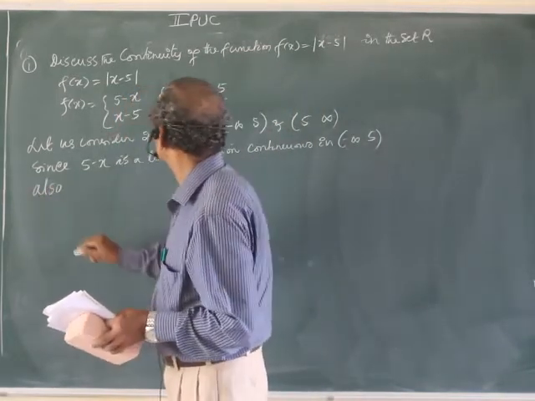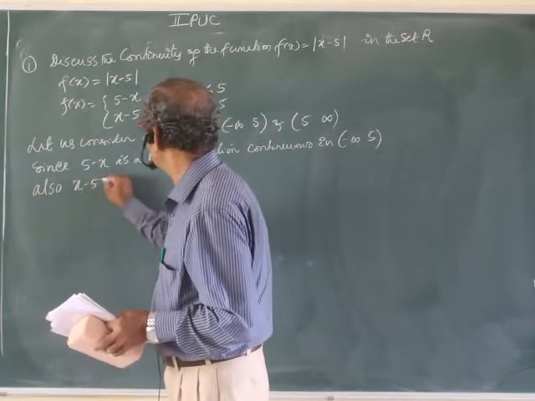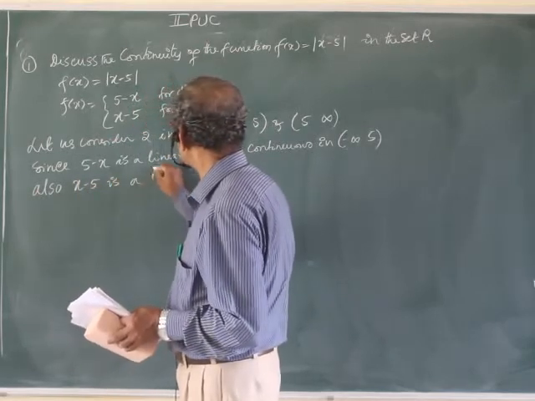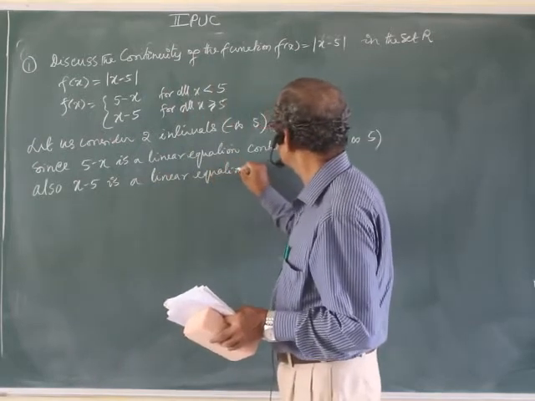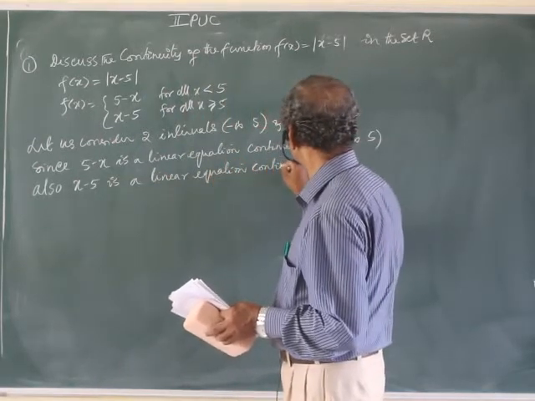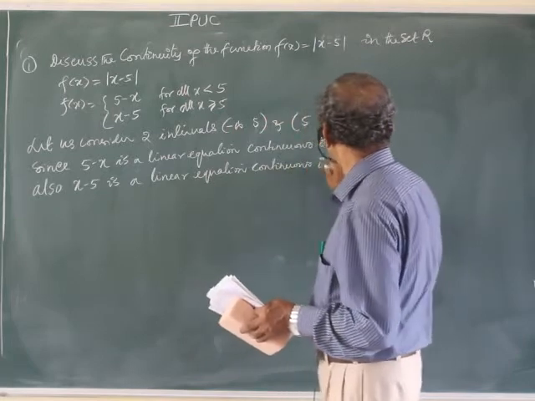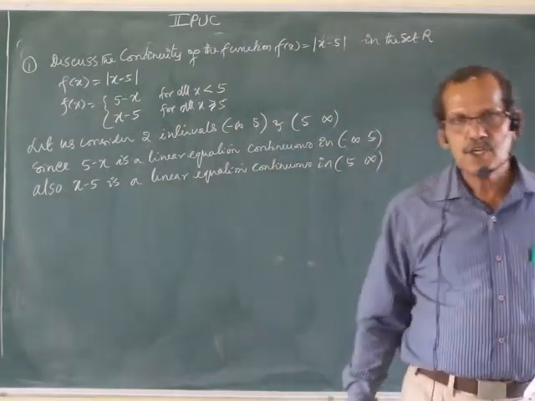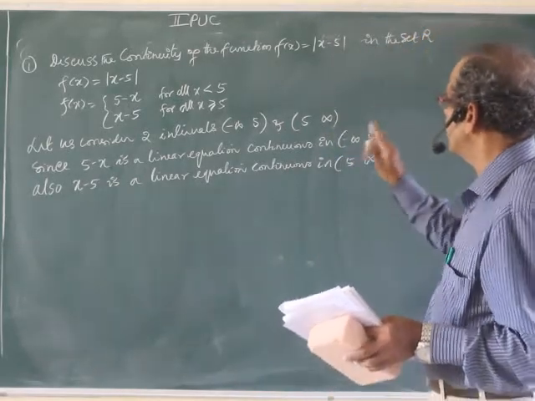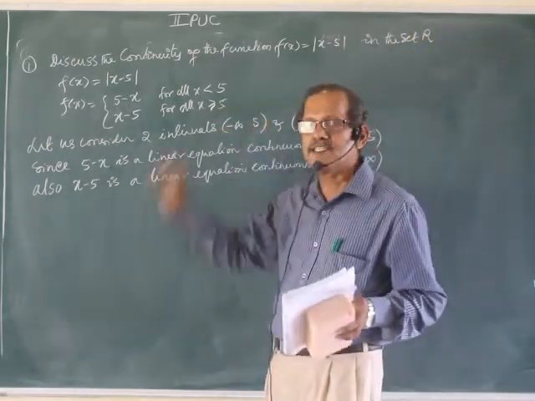Also, x minus 5 is a linear function, continuous in 5 to infinity. So the thing is, we have to verify whether it is continuous at x equal to 5, that's all.